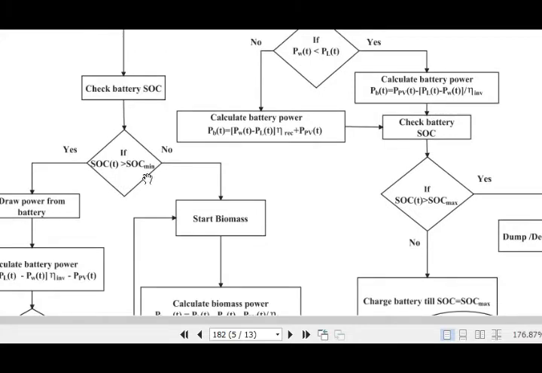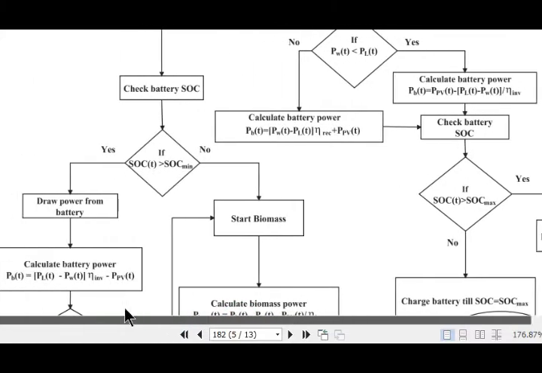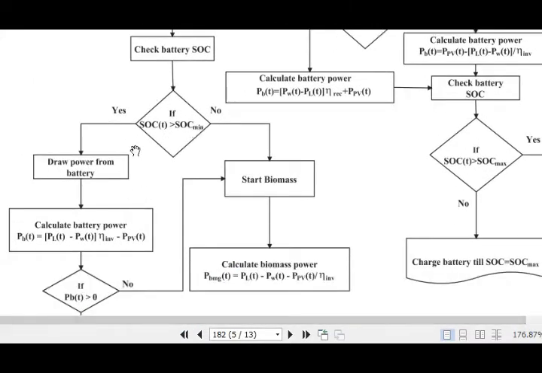If SOC is greater than the minimum state of charge of the battery, if it's above that minimum level, then we will be drawing the power from the battery, and we will be calculating the battery power as P load, minus whatever is met by the wind turbine and whatever is met by the PV.